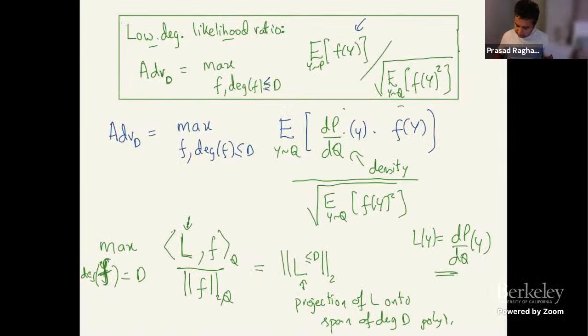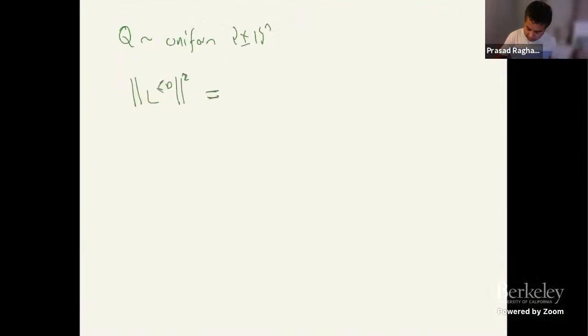It's just the sum over all subsets of size smaller than d of the Fourier coefficients of the likelihood function.